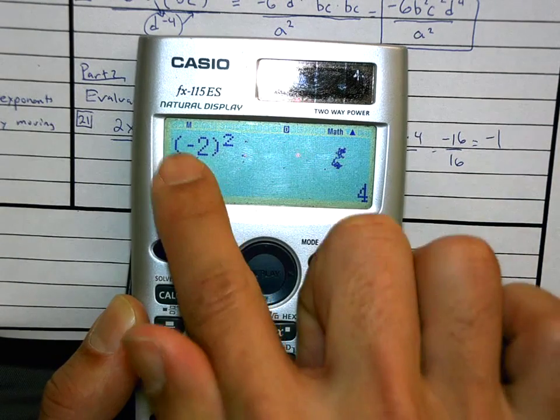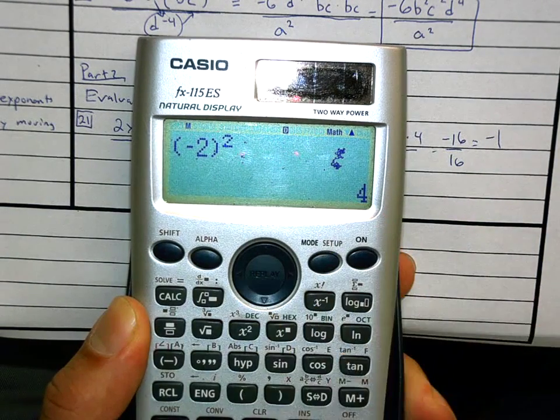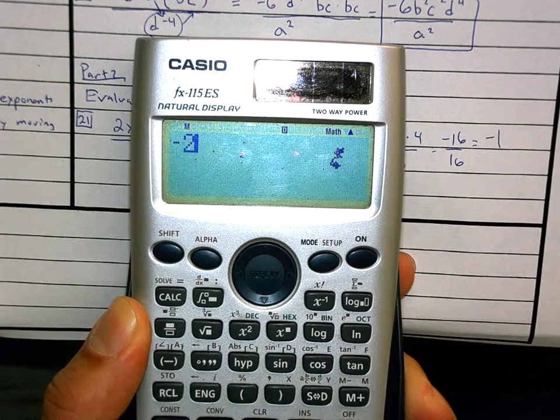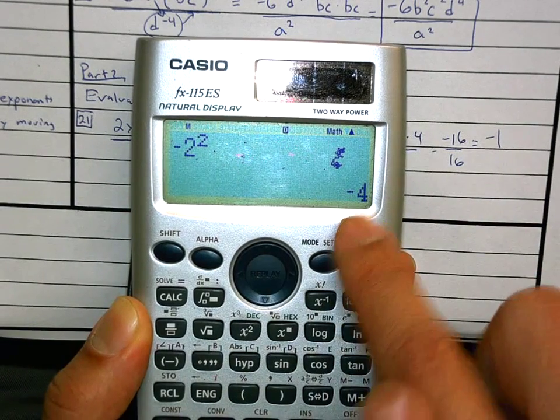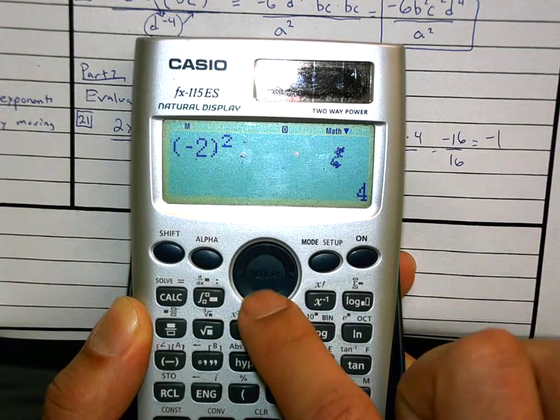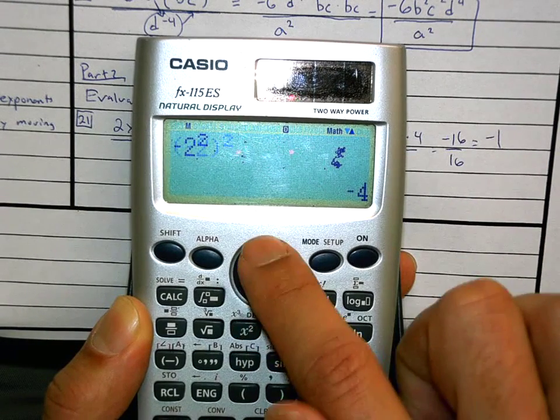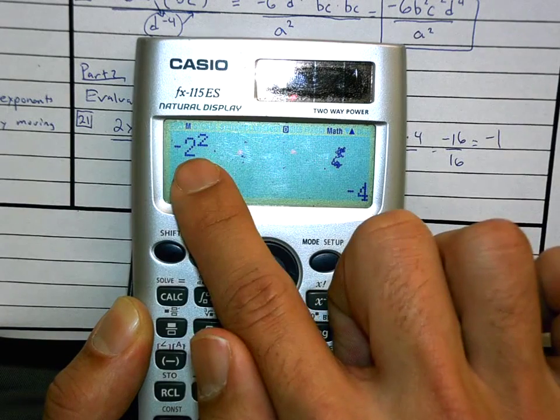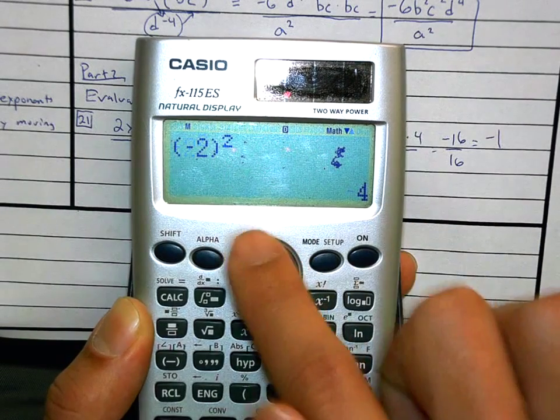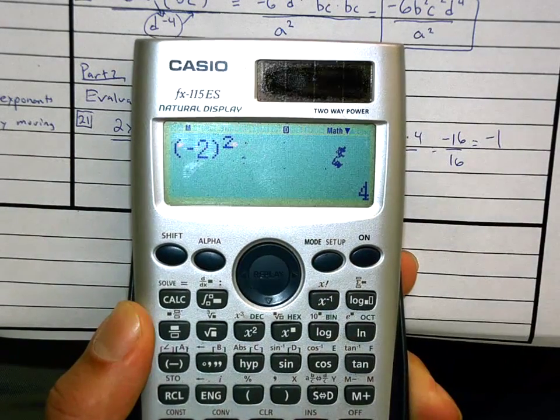Negative 2 in parentheses squared gives you 4. But if you type in negative 2 squared, it's going to do negative 4. The reason is the difference between this and this are the parentheses. This one, you only square the 2, then you do the negative, whereas this one has that negative 2 squared.